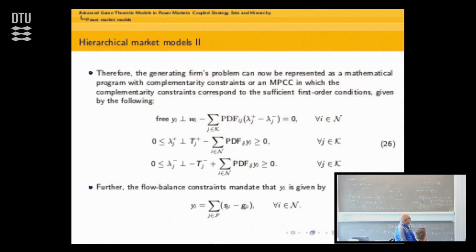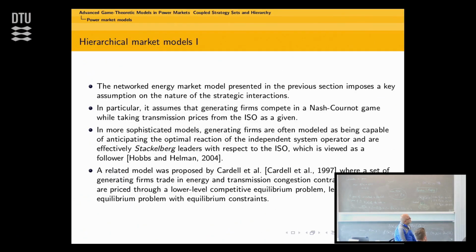Okay. So now what I wanted to do in the last 10 minutes or so is to talk about revisiting our general framework and seeing how to capture Stackelberg and the multi-leader, multi-follower setting. So the networked energy market model presented in the previous section imposes a key assumption on the nature of the interactions.